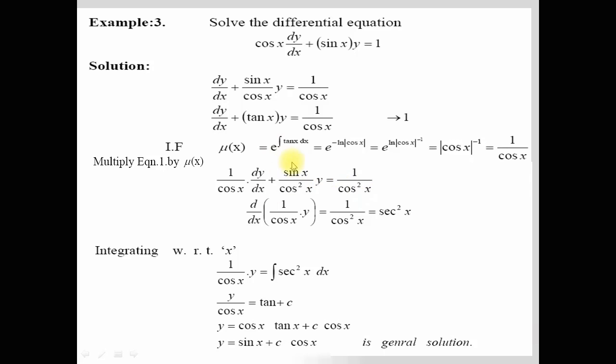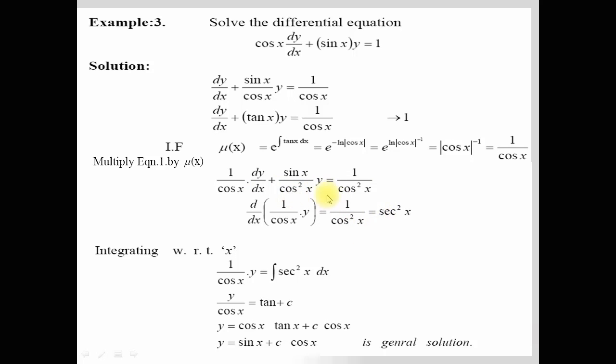And dear students, again you see here that this differential expression is the derivative of 1 over cos x times y. So by the inspection method, easily we find that this differential expression is the derivative of 1 over cos x times y, using the product rule. Then 1 over cos square is as it is. 1 over cos square is equal to secant square.